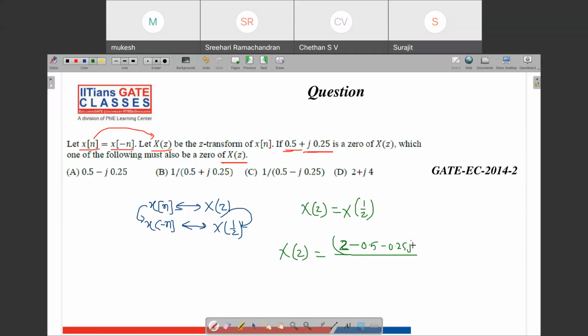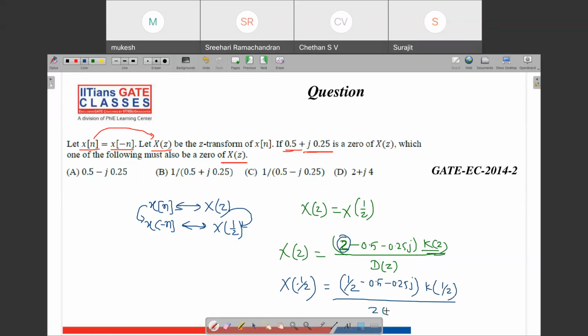Let's say there are some other terms also, which I'm just writing as k, and in the denominator it has D of z. We don't know what all these numbers are, but let's just write it. Now we have X of 1 by z, so you replace z with 1 by z in the numerator and in the denominator as well.